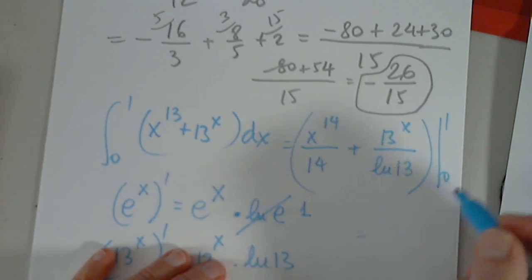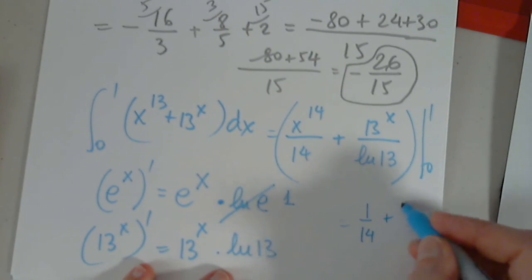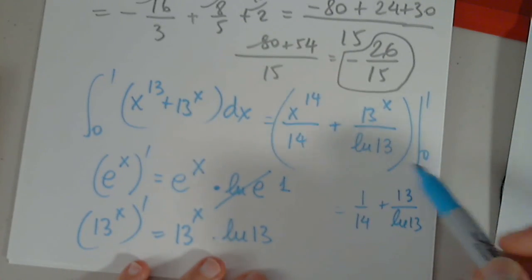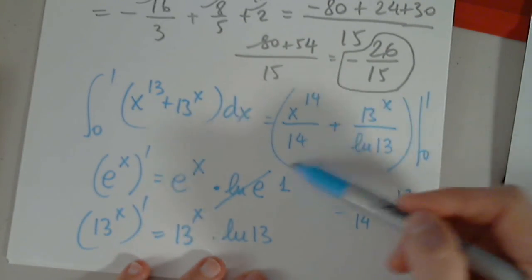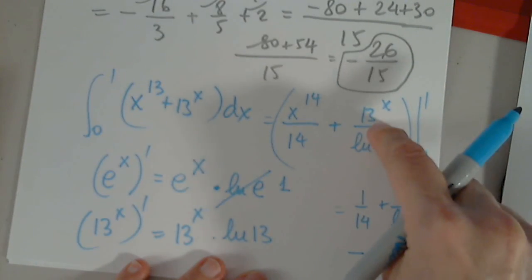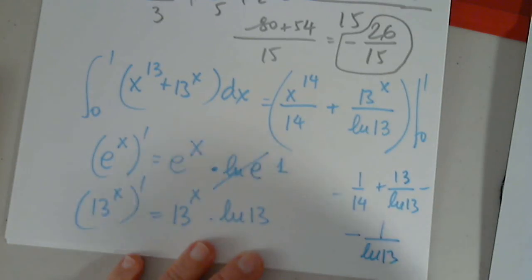Okay, so then when I plug in 1, I have 1 over 14, and then plus 13 over natural log 13. When I plug in 0, this goes away, but minus, when I plug in 0 here, this is 1 over natural log 13.